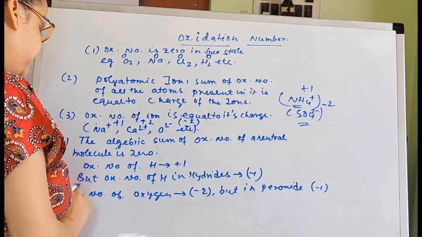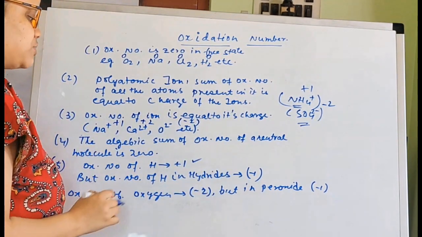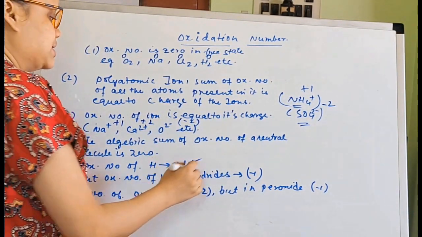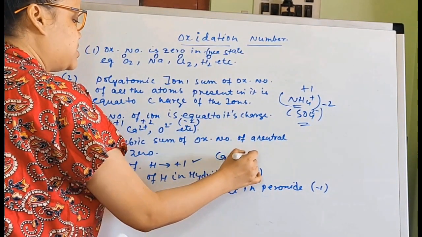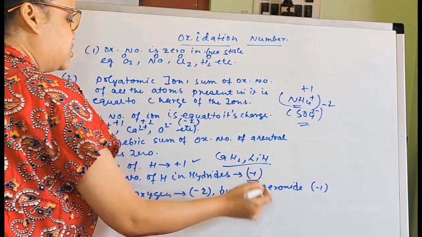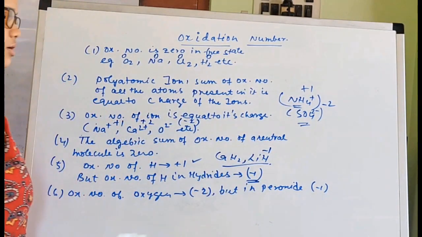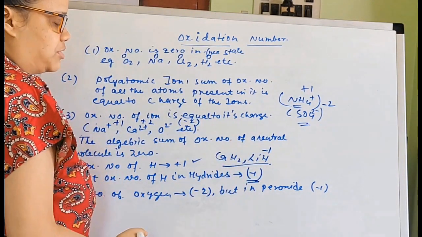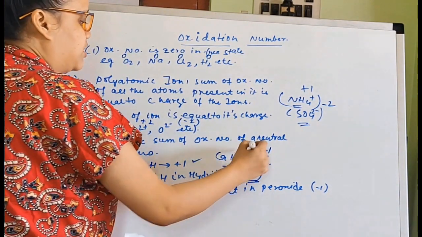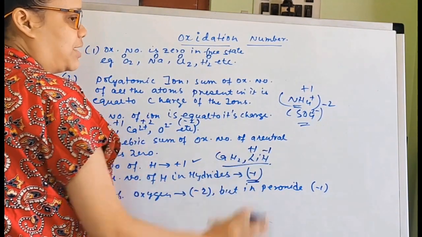Next, the oxidation number of hydrogen is plus 1. But in hydrides like CaH2, calcium hydride, and LiH, lithium hydride, the oxidation number of hydrogen is minus 1. Why? Because the sum of the oxidation numbers of a neutral molecule is 0. Here lithium is plus 1, so to make it 0, hydrogen has to be minus 1.